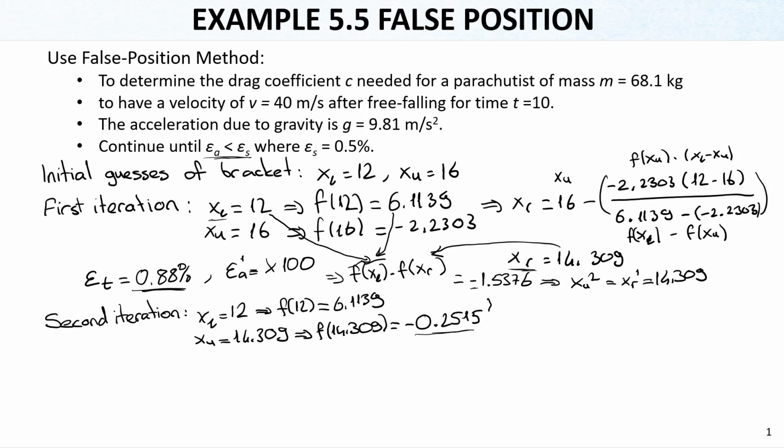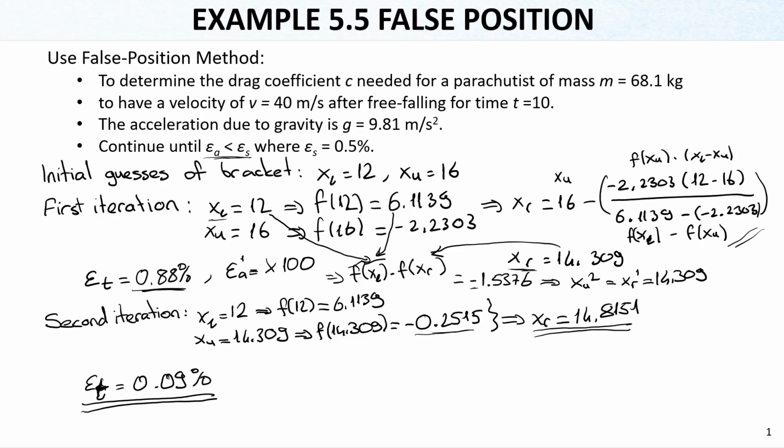With these, we can calculate xr again using the same formulation, and the xr value is 14.8151. Let's see the true error first. Epsilon true is 0.09%. This is very accurate, almost the same as the true value.